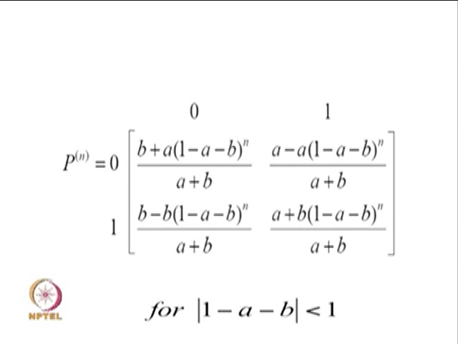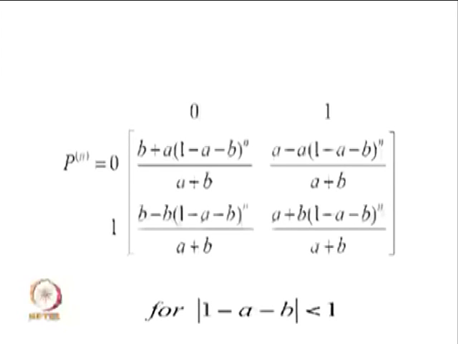So, a is the probability that the system moves from digit 0 at the nth stage to digit 1 at the n plus 1th stage. Therefore, the complement is 1 minus a, because the system can transmit either 0 or 1.